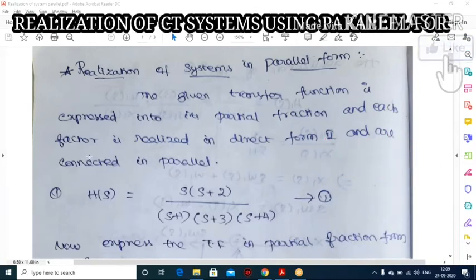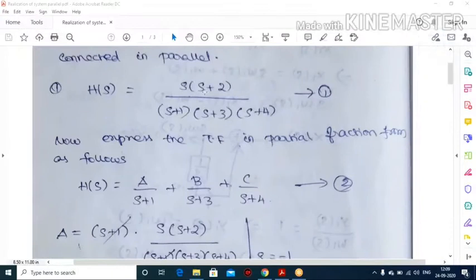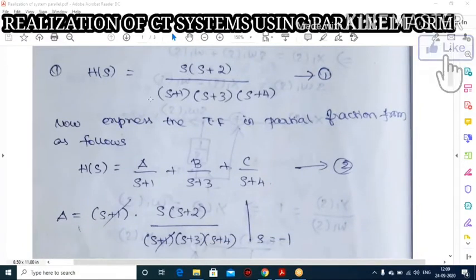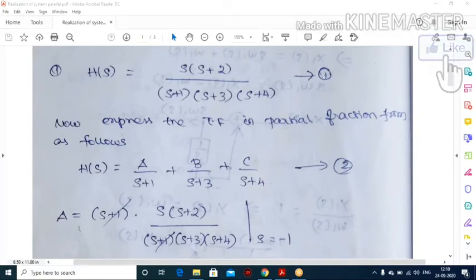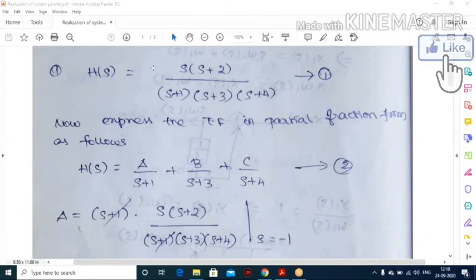Okay, let us see this problem. The first problem: H of S equals S into S plus 2, divided by S plus 1, S plus 3, S plus 4. This is equation number 1, your given system transfer function. Now we are going to realize this function in parallel form.